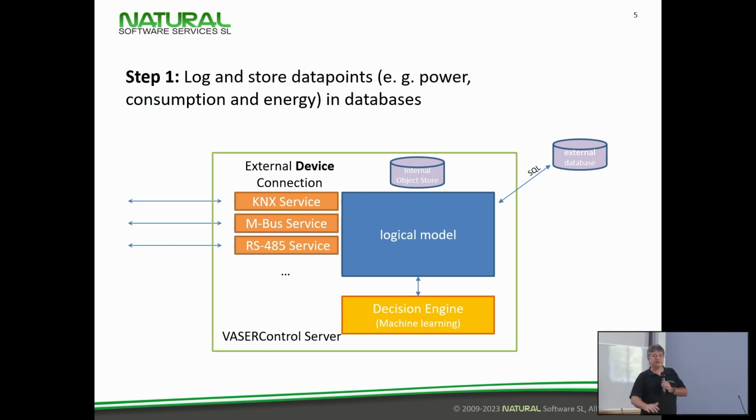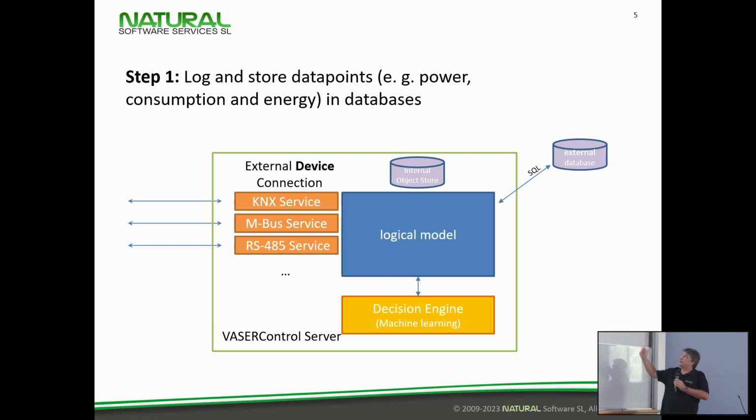You don't have the whole character set. It's not UTF-8. And you want to, for example, display it on some kind of module on your side, or you want to send from your Sonos playlist the current title to a little switch on the wall to see what music is playing. All of this data conversion is done in the service itself, and you don't have to care about it on the logic model.